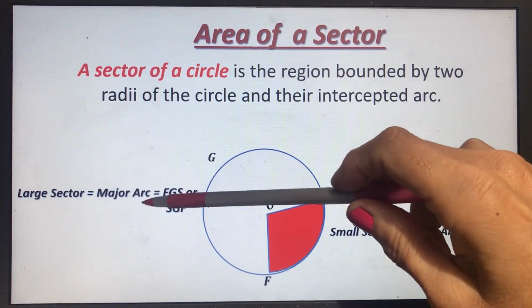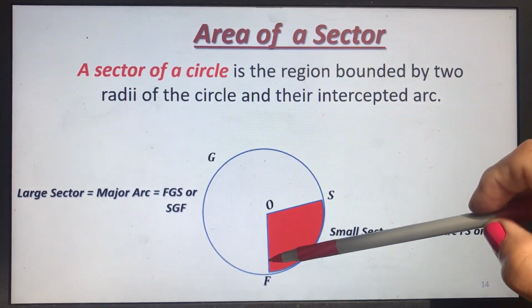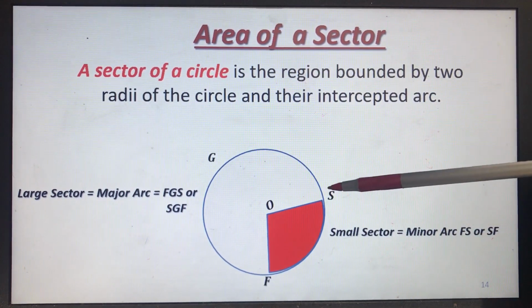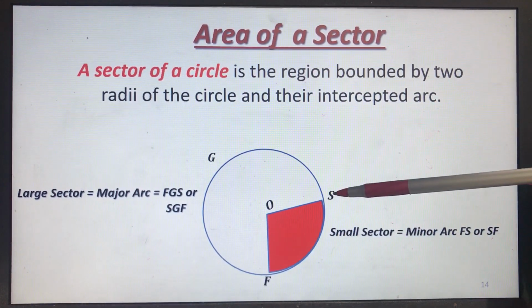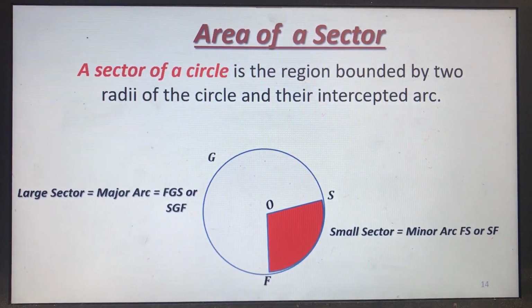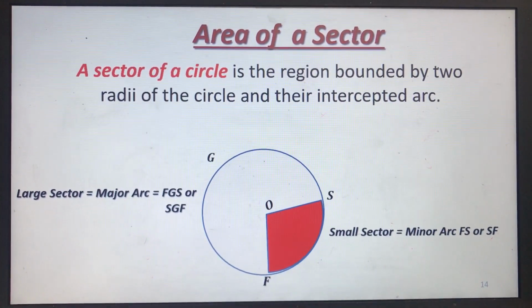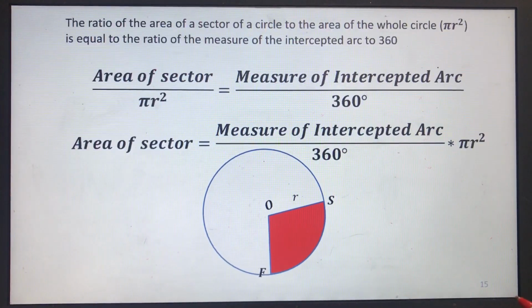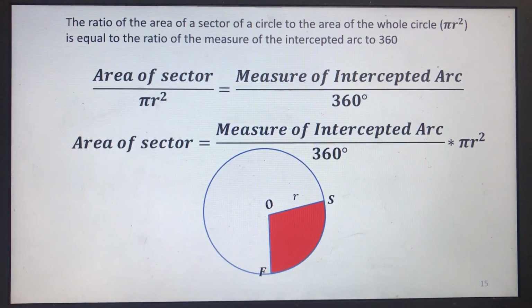So the large sector is going to be represented by major arc FGS if we're moving in this direction, or SGF. So now we know the definition in context of a sector of a circle. Now let's go ahead and continue.